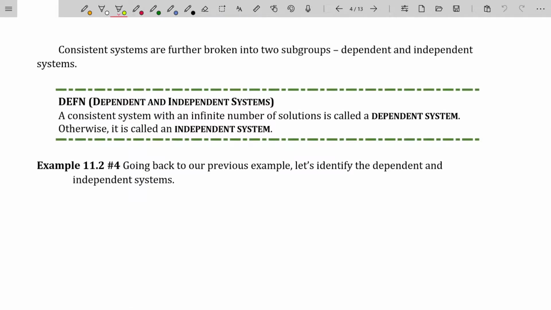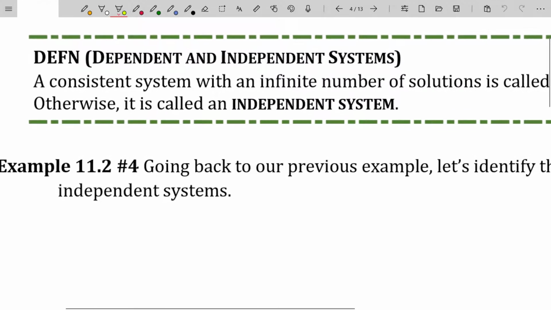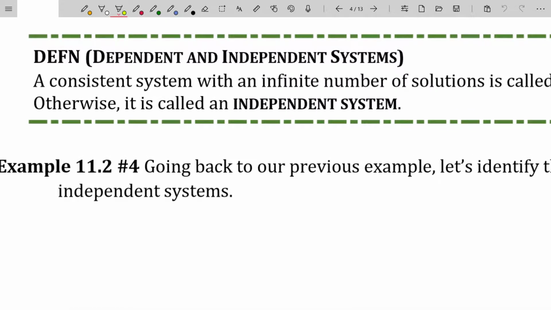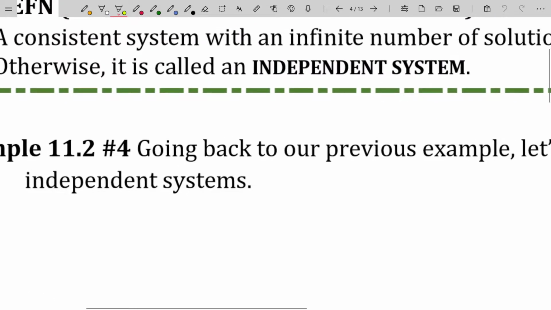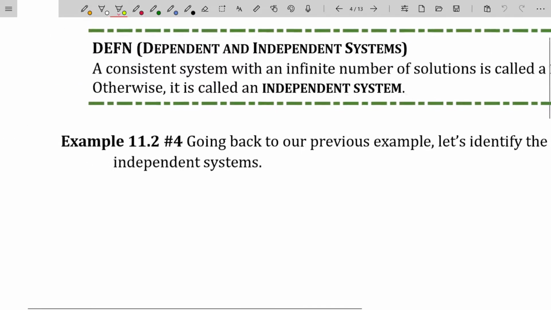And if it only has a finite number of solutions, so you have a consistent system, so it has solutions, but the number of solutions is finite, maybe 1, maybe 2, maybe 5, okay, we would call that an independent system. So it's consistent with independent equations is really truthfully what it should be called.